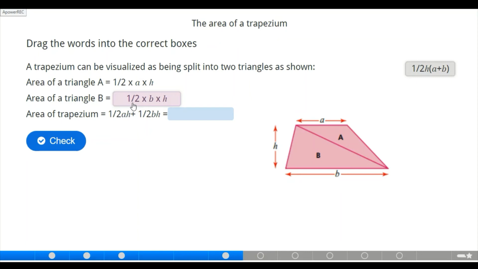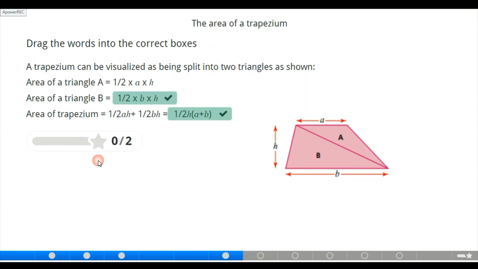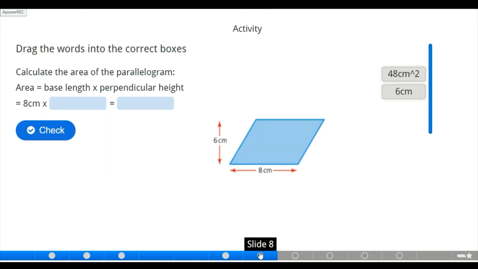So if we put that outside the bracket, then we can have it to be half times height into bracket a plus b, where a and b are actually the bases of the given shape. So let's have the area of our trapezium now to be half into bracket a plus b multiplied by what? Multiplied by height.